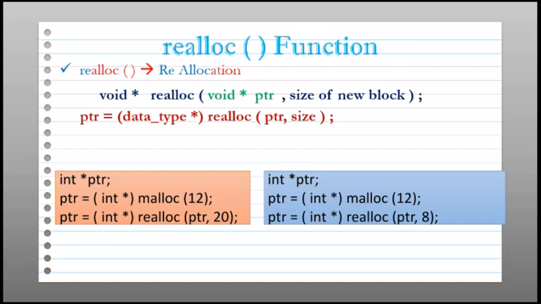Suppose you want to decrease the size of the memory allocated. Again by using realloc you can decrease the size. From 12 bytes we have decreased the size to 8 bytes. In this way you can increase or decrease, that is, you can change the size of allocated memory.